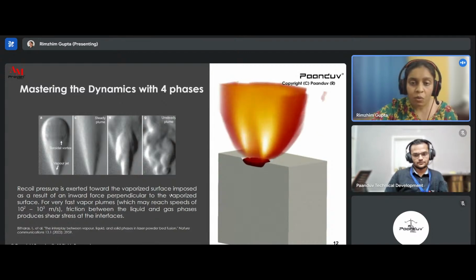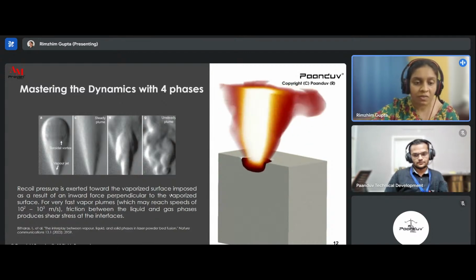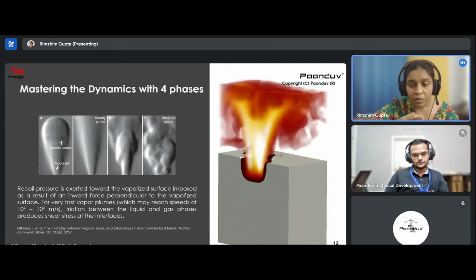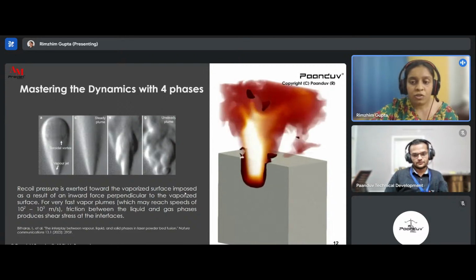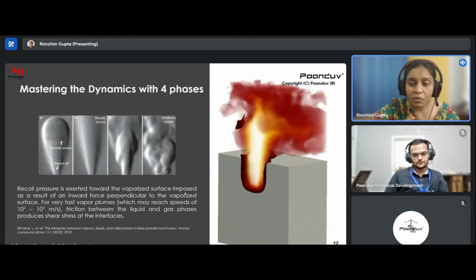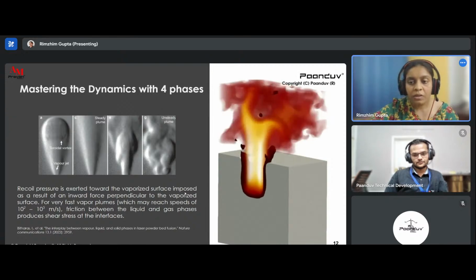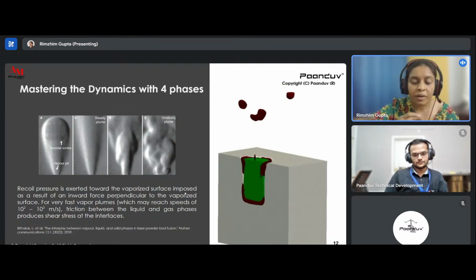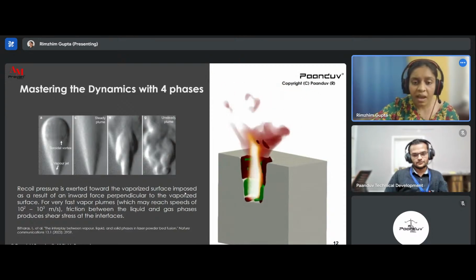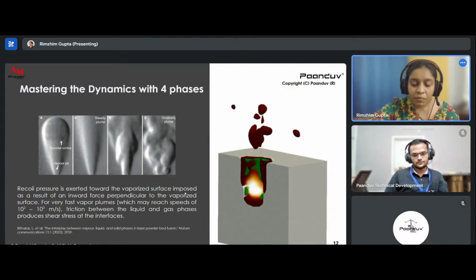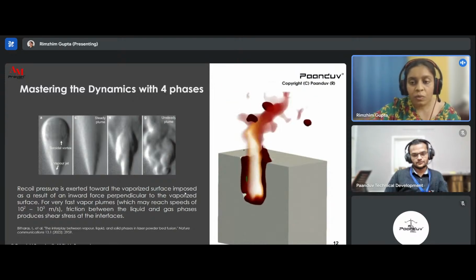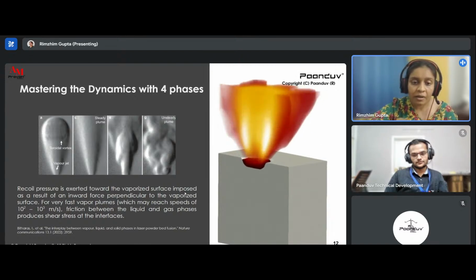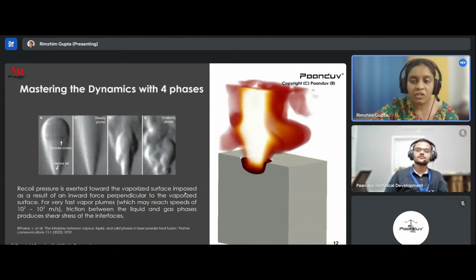The velocities can go from hundreds to 1,000 meters per second, and there is a friction between the liquid and gas interface, which is imposed in those scenarios. If you use some empirical correlation, this cannot mimic the exact physics of the process. Hence, the fourth phase is important to include. And in AM Pravah, we are trying to capture all the four phases, and these are simultaneously tracked at each time.